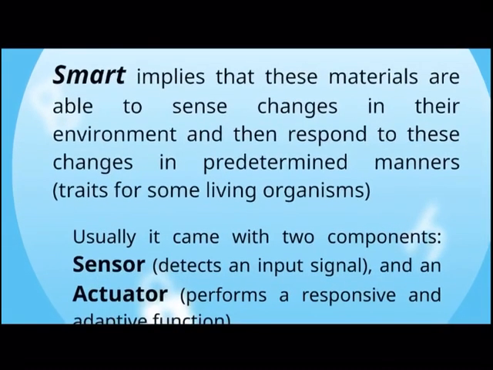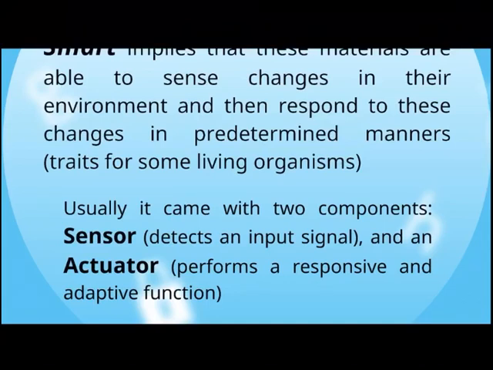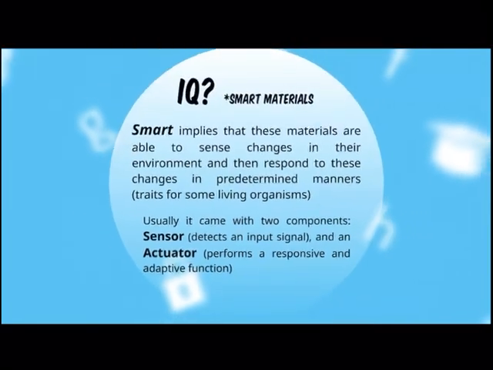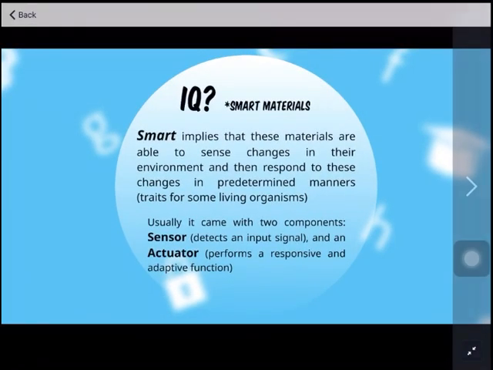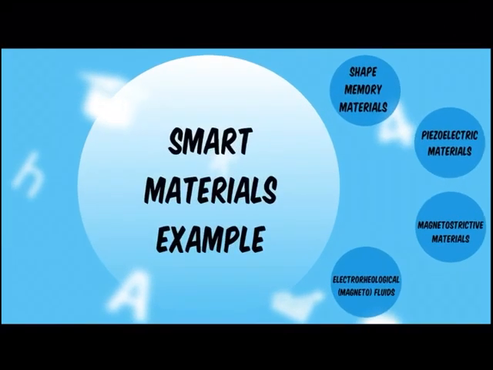So it's similar to, or approaching, living organisms, and it usually has two components: a sensor to detect the signal, and an actuator to perform a response. So that's smart.